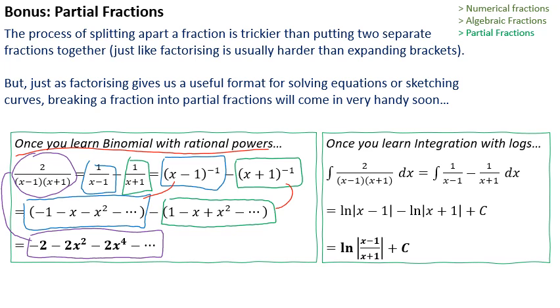Those simple things have some nice rules. They actually relate to the natural logarithm. So if you integrate 1 over x minus 1, you get ln of x minus 1. And if you integrate 1 over x plus 1, you get ln of x plus 1. And the reason for that, the detail, you will learn later, but the fact that it works allows you to integrate things that you otherwise couldn't.